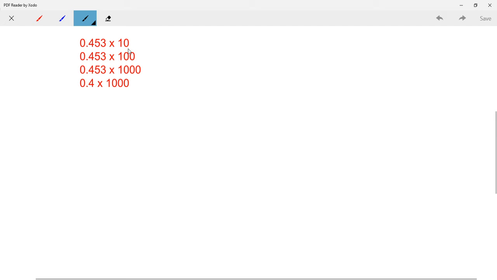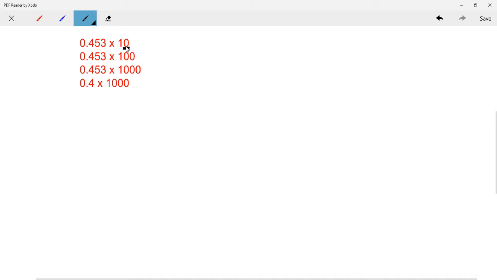So how we end up doing this is there are a couple of different ways, but we'll start with one way here. The first thing you do is look at the power of 10. We see how many zeros there are.